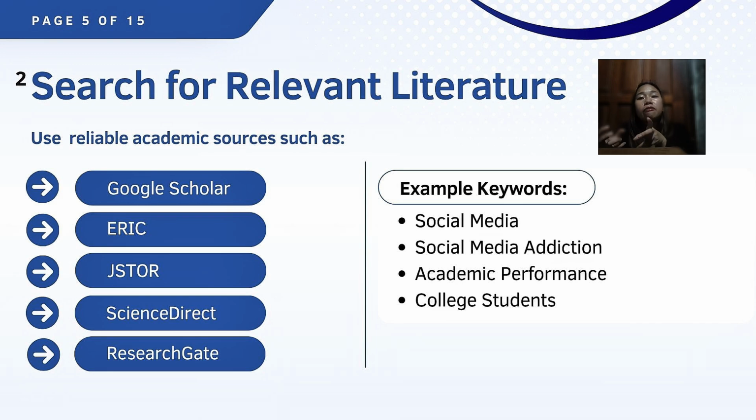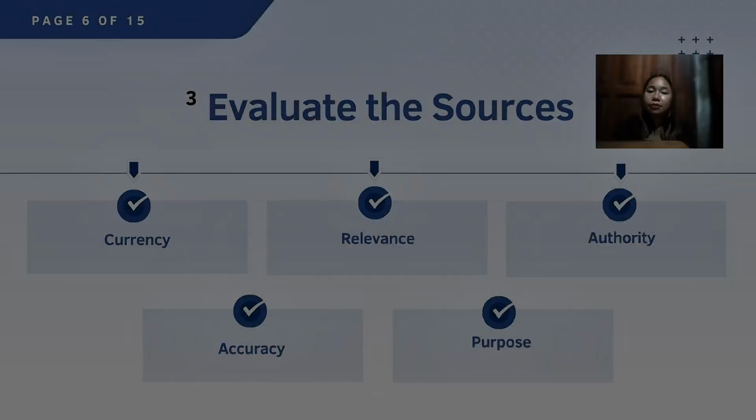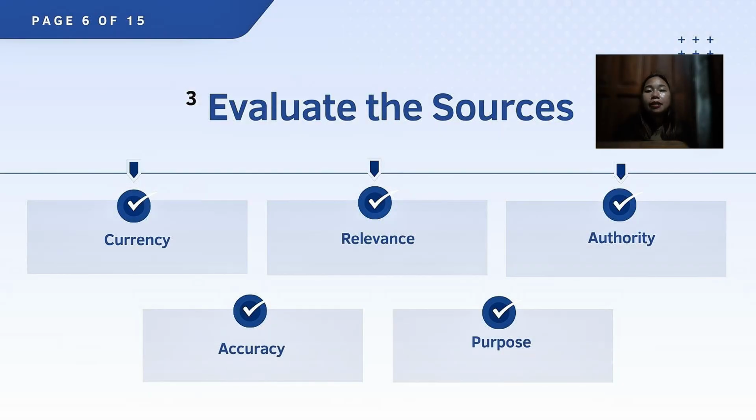Now that we have found possible sources, the next question is, how do we know if these sources are reliable? That brings us to step 3, and the next step is evaluate the sources. Finding articles is only the beginning.